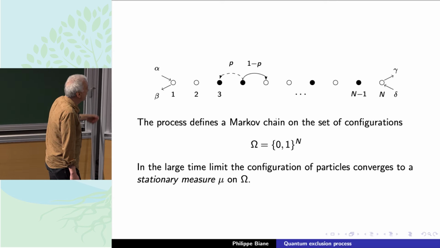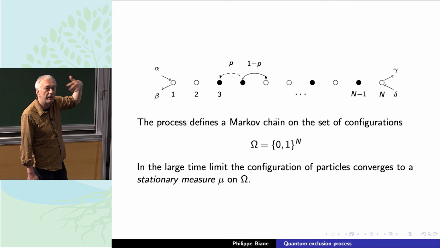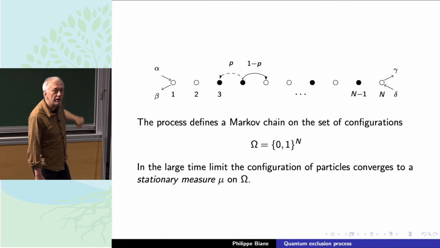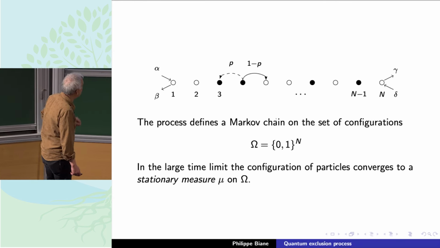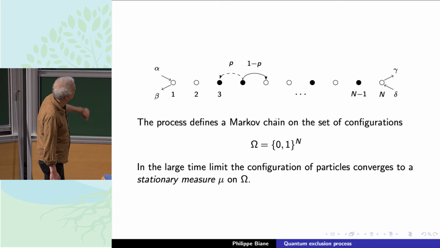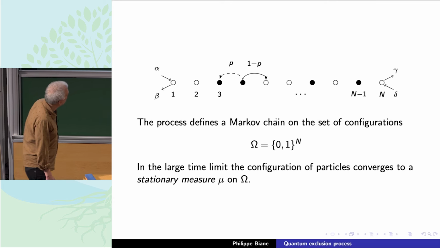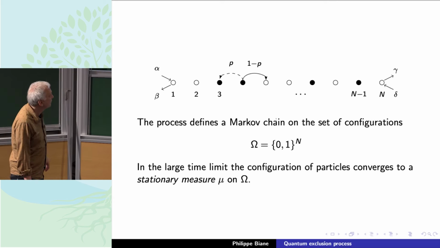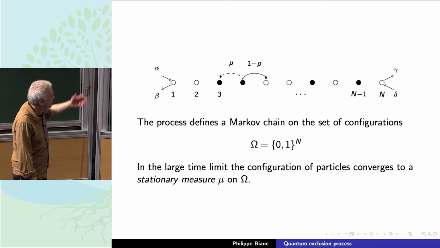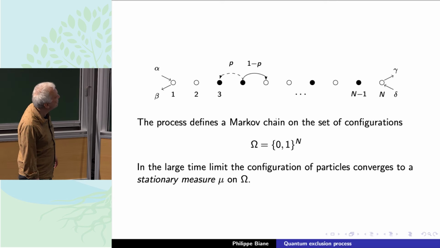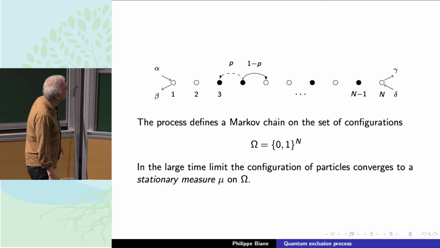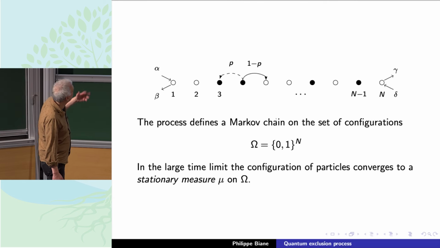Because the interval is open at the left and at the right, particles may enter or exit. This system is out of equilibrium, so it's different from many others. It's one of the most typical examples of a statistical system out of equilibrium.